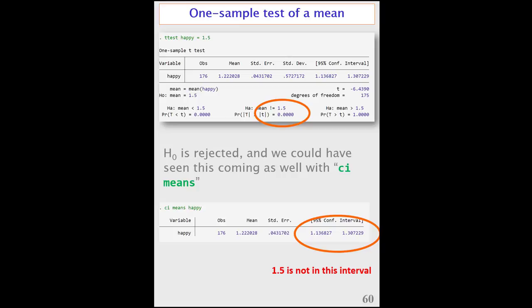Yeah. And why would you even bother doing the ttest happy 1.5 to just type CI thing? Okay, so let's try to come up with a practical example. We know that general happiness scores for employees of the university are on average 1.